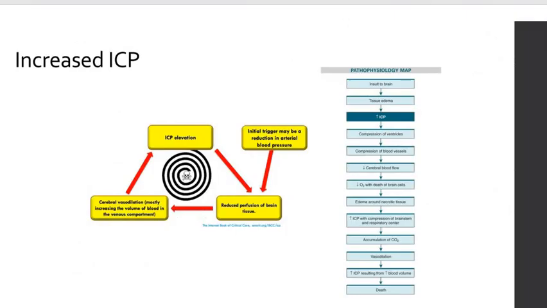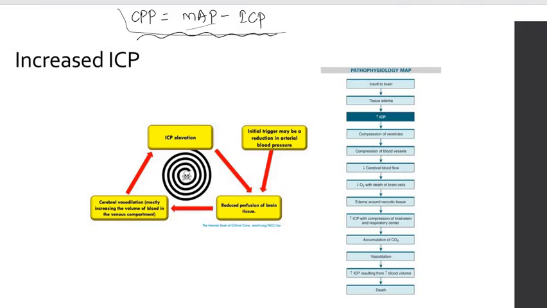Okay, so now we have increased intracranial pressure. We just talked about this formula: CPP, your cerebral perfusion pressure, equals MAP minus intracranial pressure. If your intracranial pressure is elevated, look at this relationship.